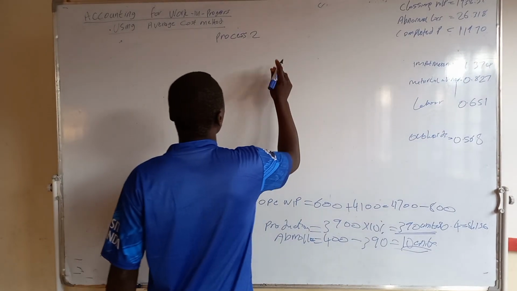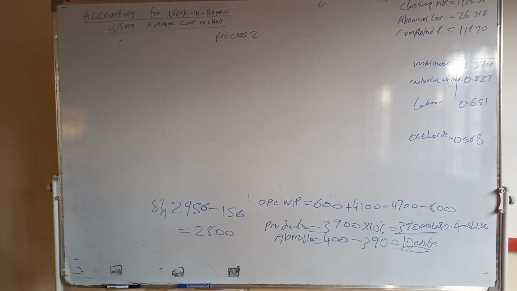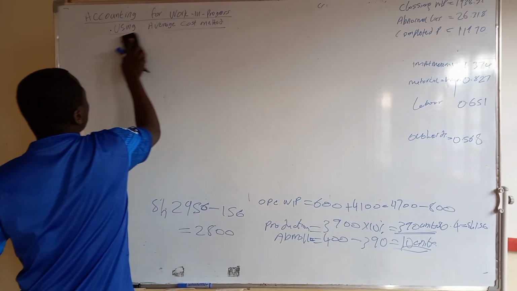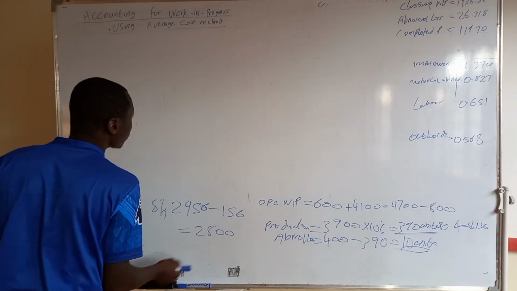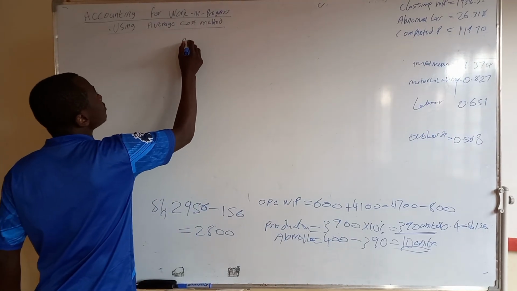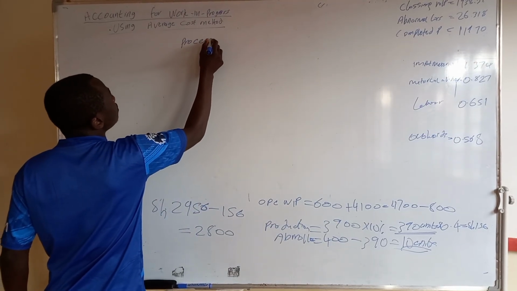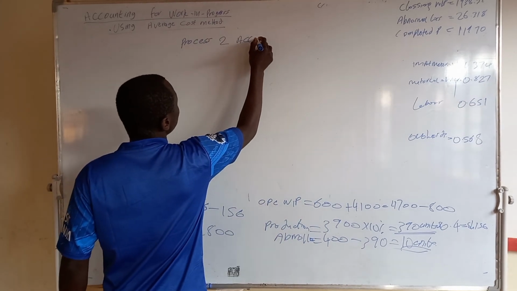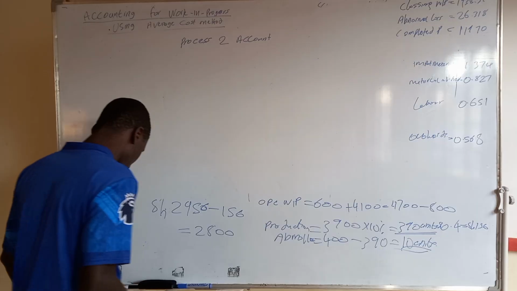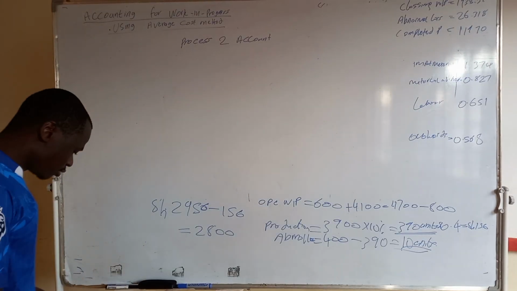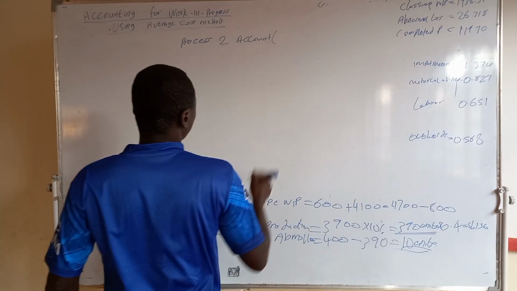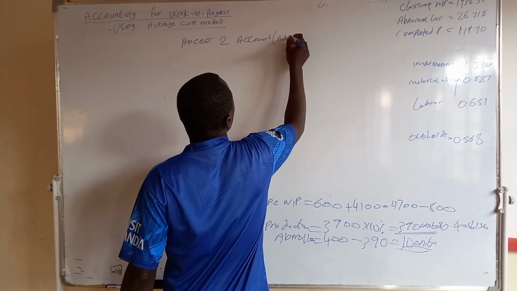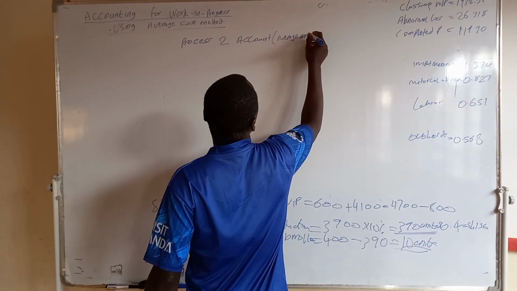This is process 2 account. Put a bracket: average method.